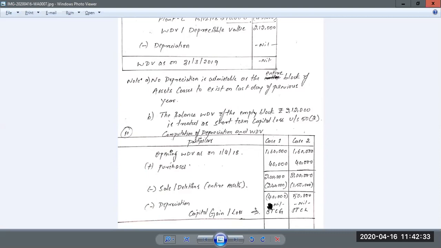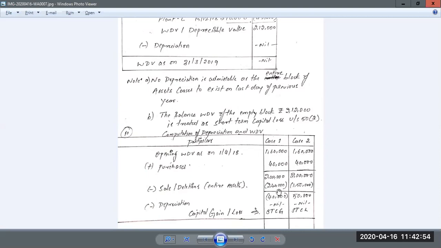So we cannot show depreciation, and depreciation will become inadmissible since the block of assets ceases to exist on the last day of the previous year. Since there is no block of asset existing on the last day of the previous year, we cannot calculate depreciation and it becomes inadmissible.